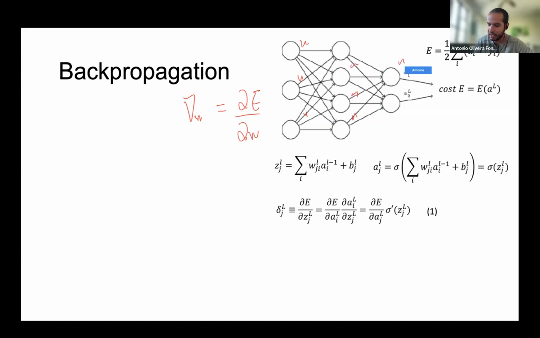I don't have a straightforward way of doing that, because for me to be able to do this, I have to consider what's the contribution of each one of these weights to the error that's all the way here. That's not a straightforward thing to do.